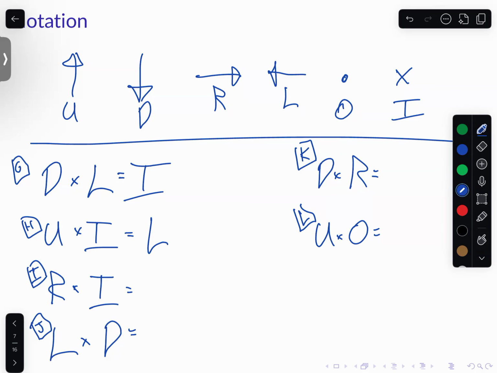Questions? Anybody? Yes, please. From your perspective, right now you're pointing to your left with your fingers. Hold on. Your fingers are pointing left regardless of how your thumb is pointing. You need to do the second vector.